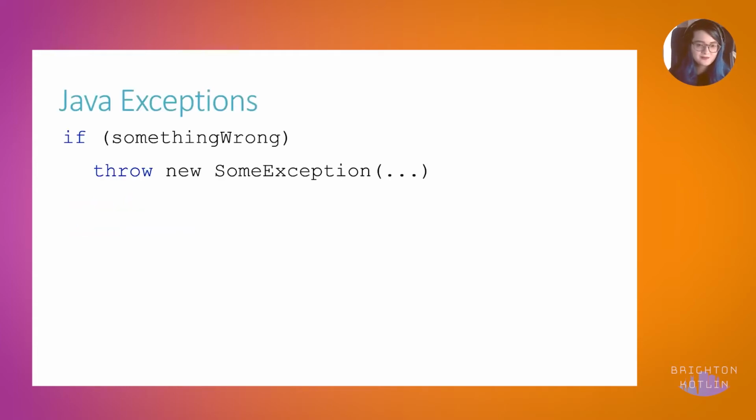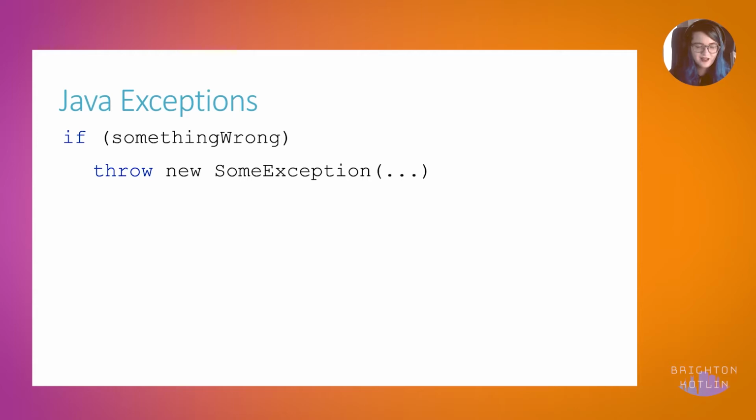But first, let's take a step back to Java. Yeah, this is a big step back, but yeah. Not every time everything is perfect. And sometimes we should or want to handle or show some kind of errors when something goes wrong. So before Kotlin, let's take a look at the Java way.